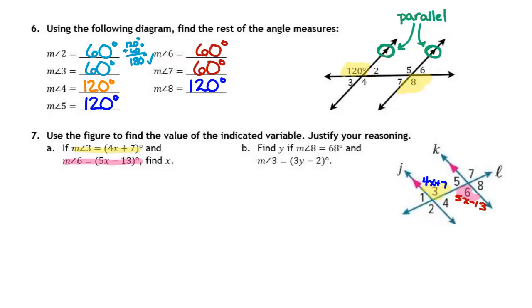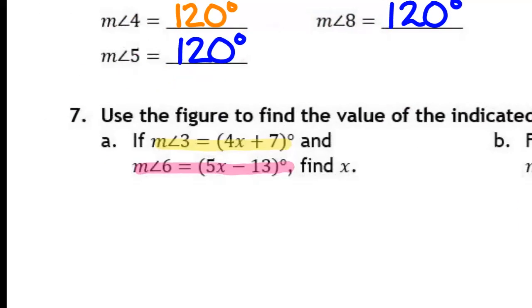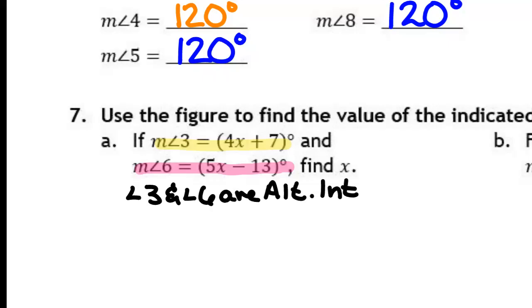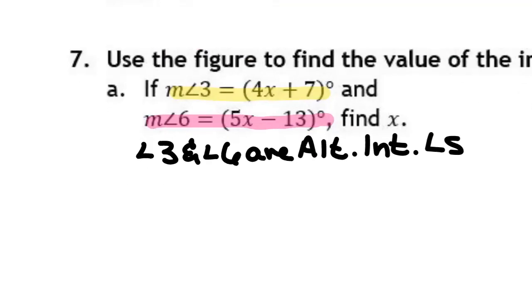What do we call those? Alternate interior angles. Angle 3 and angle 6 are alternate interior angles. What's the relationship for alternate interior angles? They're congruent. So angle 3 is congruent to angle 6.